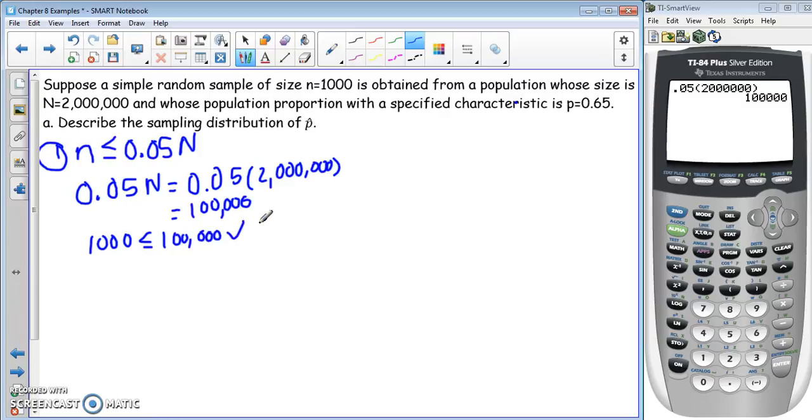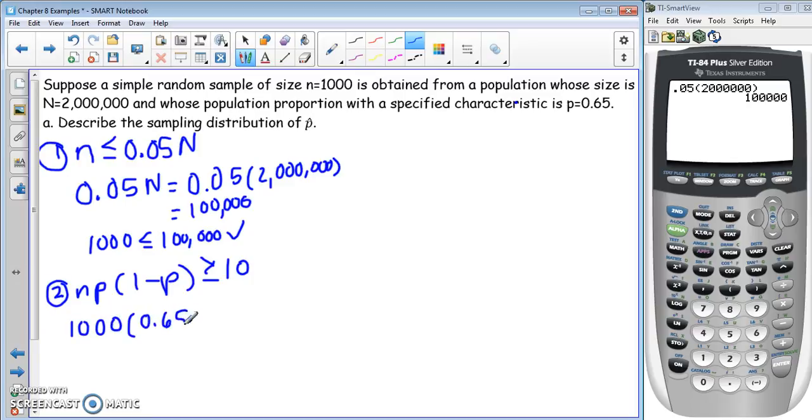So that condition's met. Now we want to check to make sure that n times p times 1 minus p is greater than or equal to 10. So 1,000 times 0.65 times 1 minus 0.65.